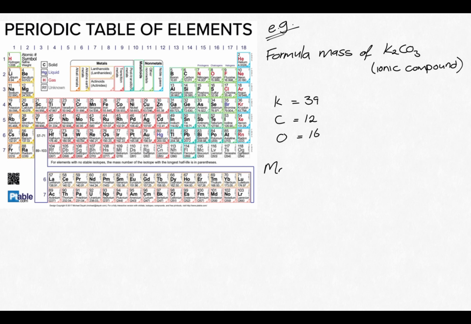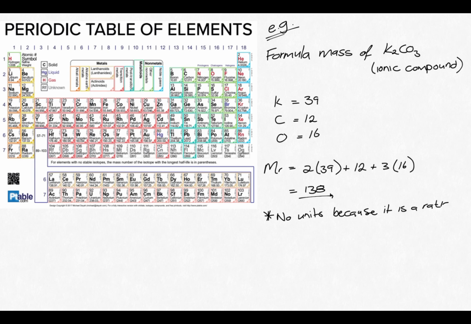We have 2 potassiums, so we say 2 multiplied by 39. We have 1 carbon, so we add 12 to it, and we have 3 oxygens, so we say 3 times 16. When we add these 3 together, we get a total of 138. Again, no units because it's a ratio, and in ratios the units cancel out.